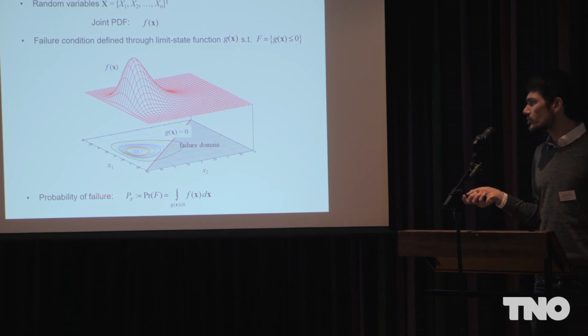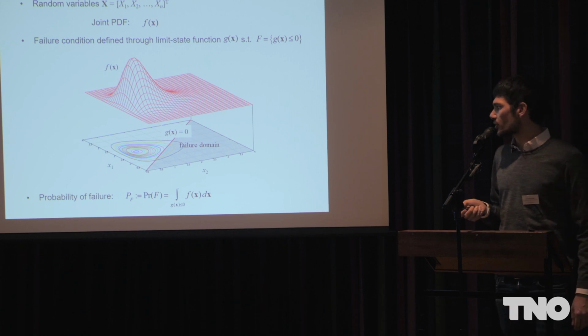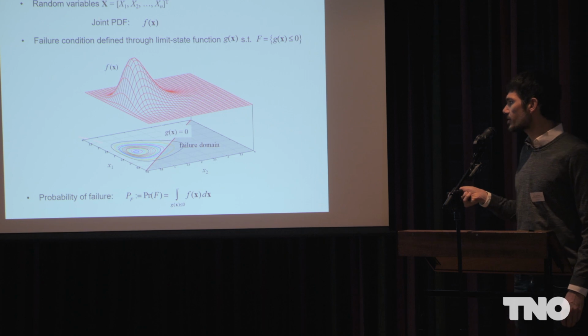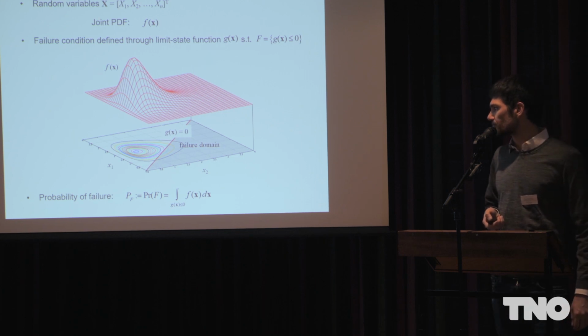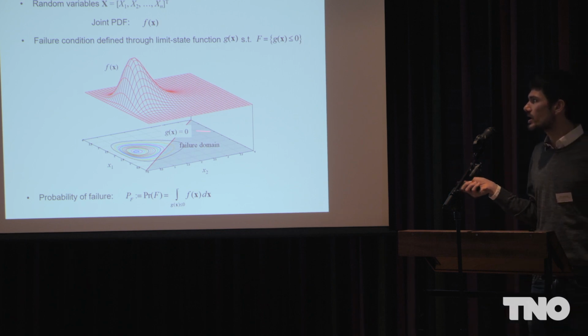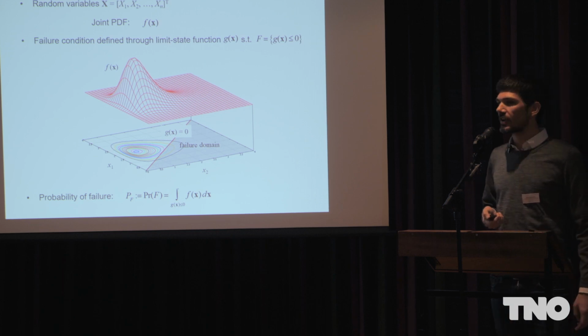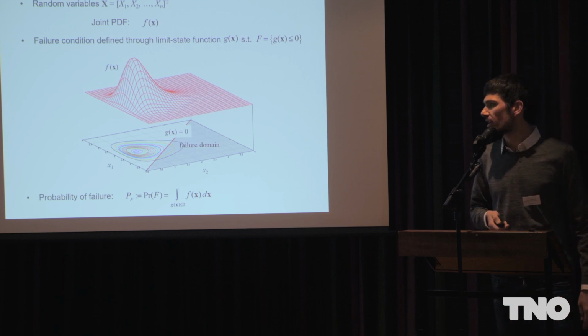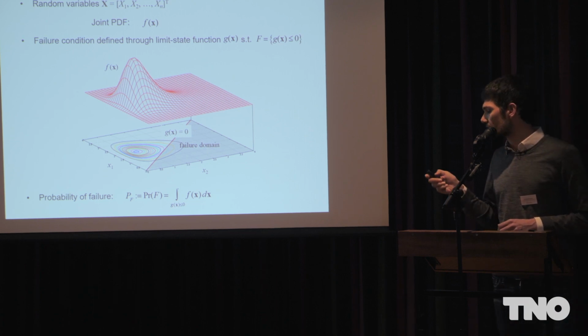What we need to do is integrate the joint probability density function of these random variables over the space defined by non-positive values of the limit state function, which is our failure domain. This is how we can evaluate the probability of failure.